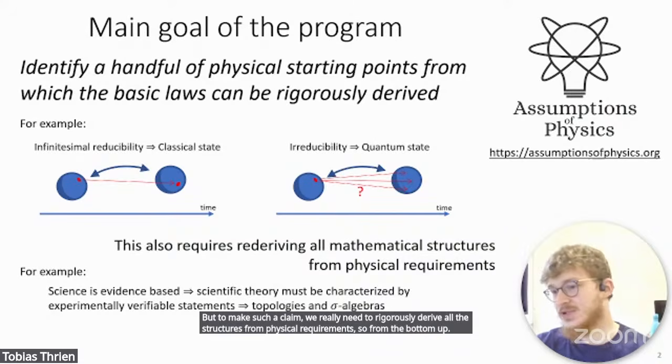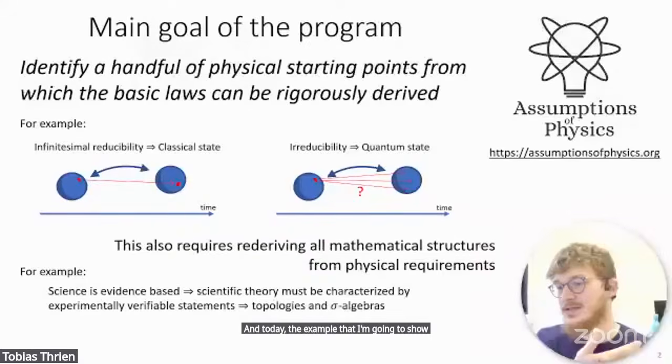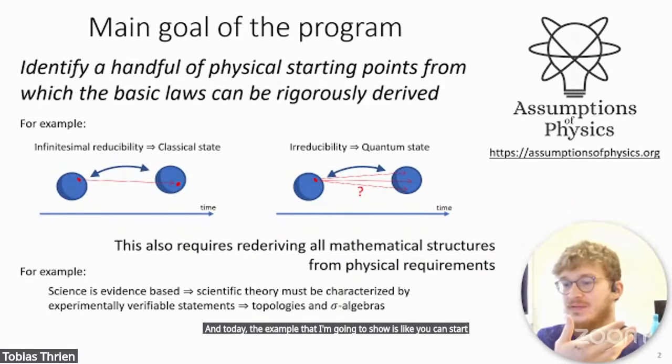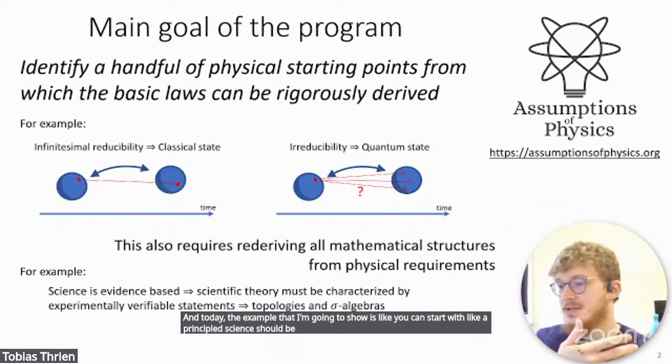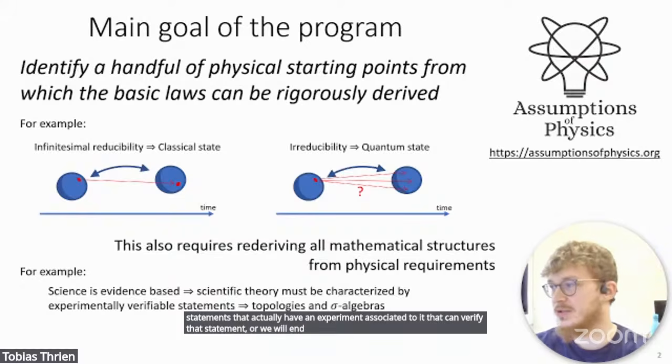Today, the example that I'm going to show is that you can start with a principle: science should be about evidence. Then it must be characterized by statements that actually have an experiment associated with them that can verify that statement, and we will end up with topologies and sigma algebras. So it's a concrete example that I'm going to show today.